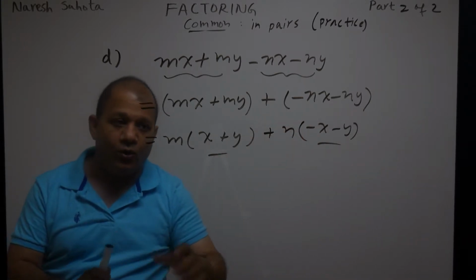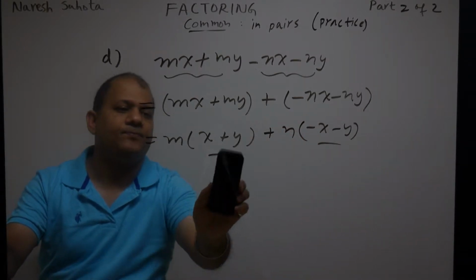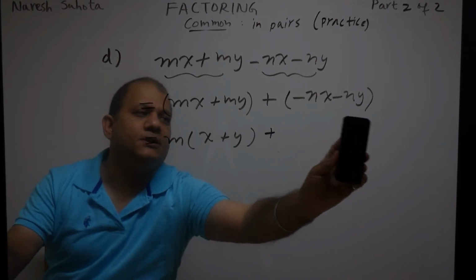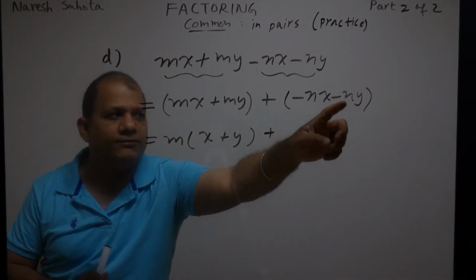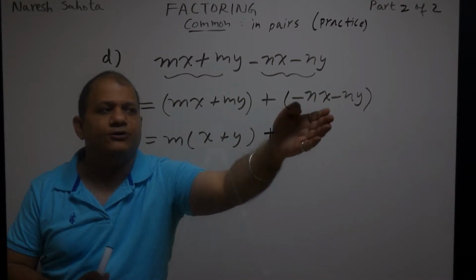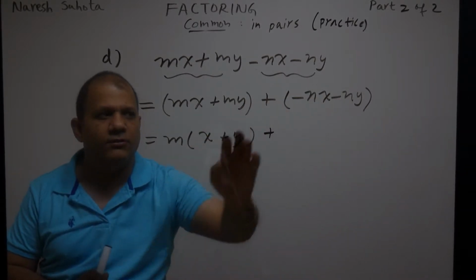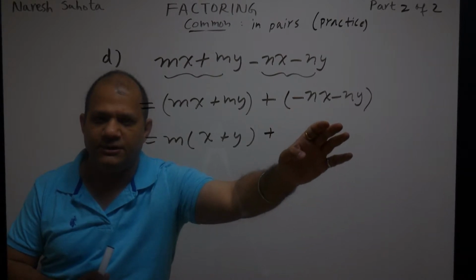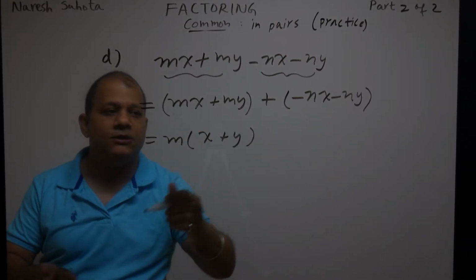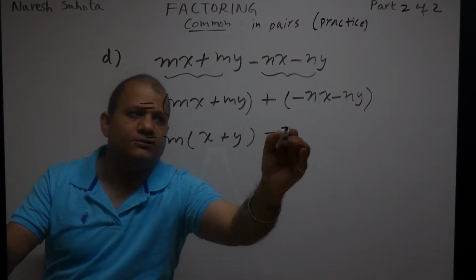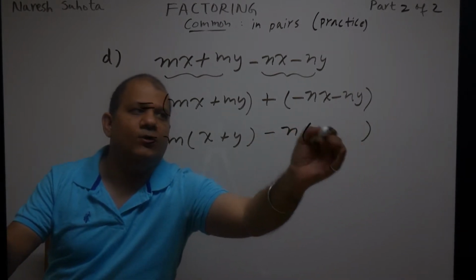Or, to save time, I can see that instead of factoring n, I should factor negative n. With practice you'll be able to see that too. It makes sense to factor out negative n, so it'll save us a step. So factor out negative n, then what am I left with?